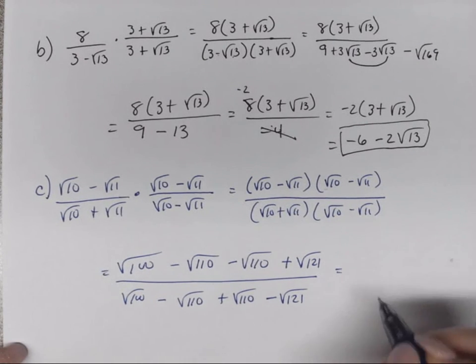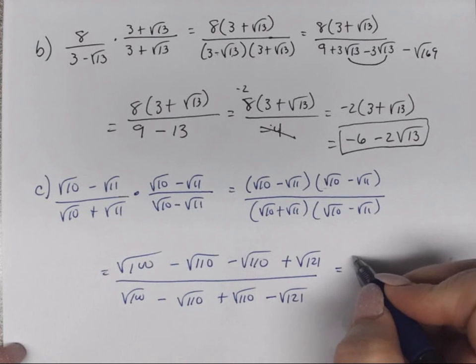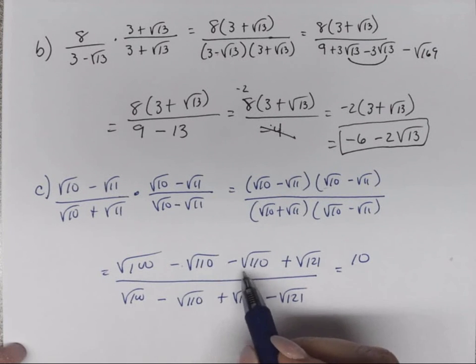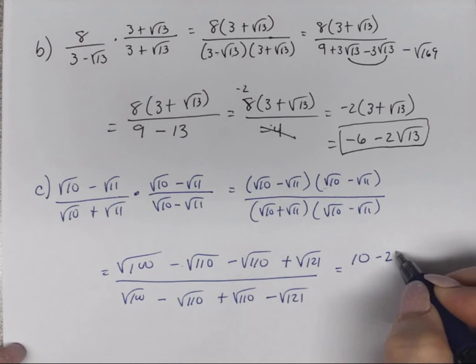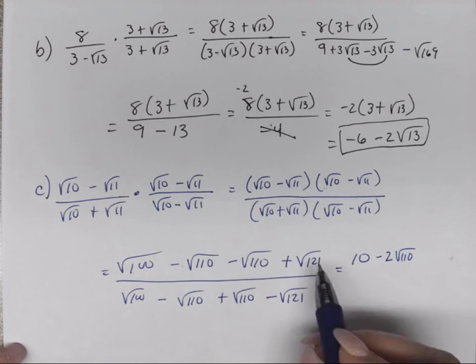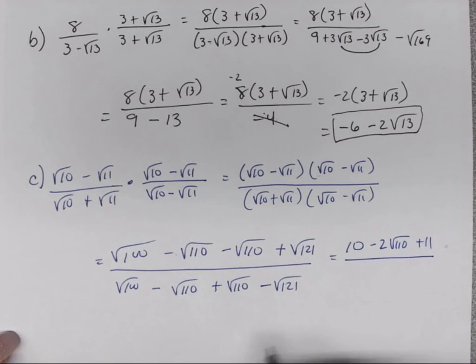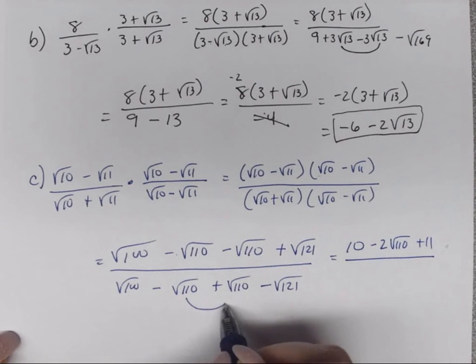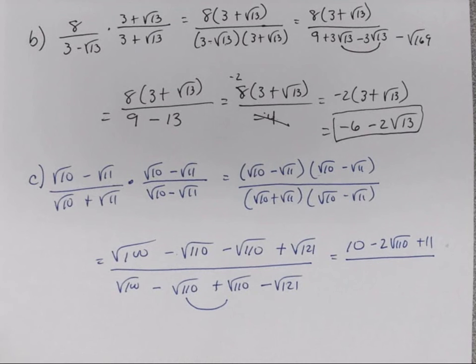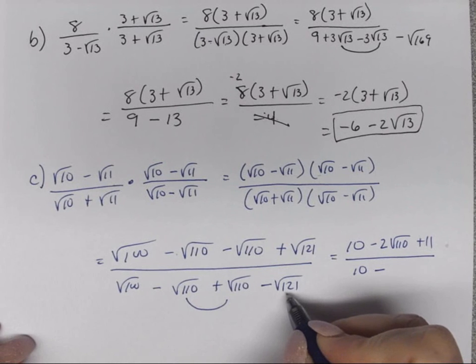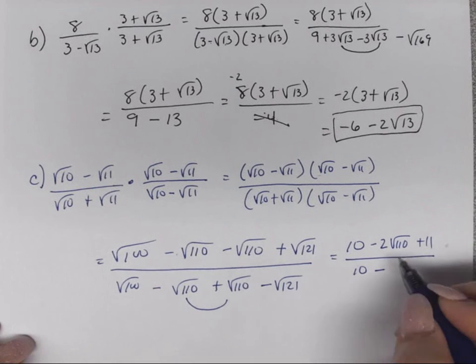All right, so on the top we have 10, minus the square root of 110 minus the square root of 110 gets us minus 2 square roots of 110. Square root of 121 is 11. All over. These two terms will cancel because the bottom became that difference of squares. Square root of 100 will get us 10 minus the square root of 121, which is 11.